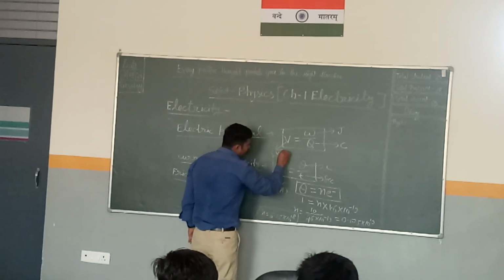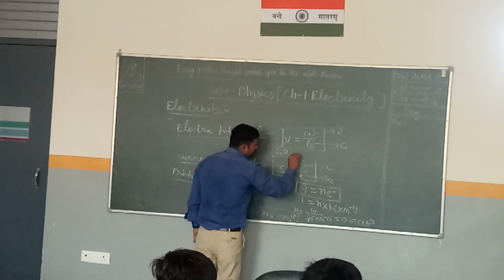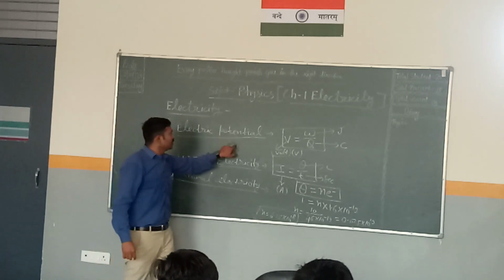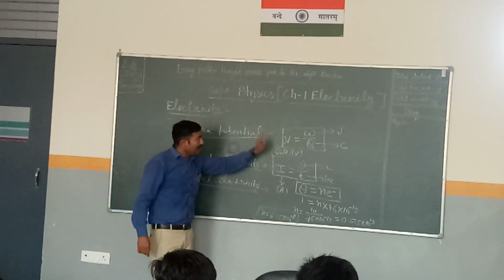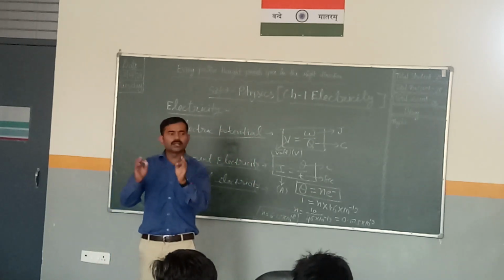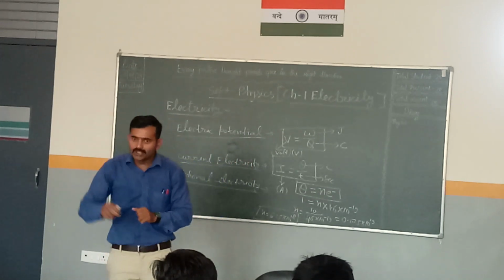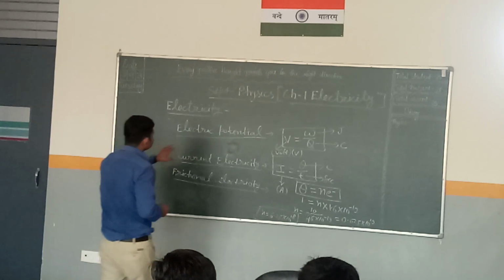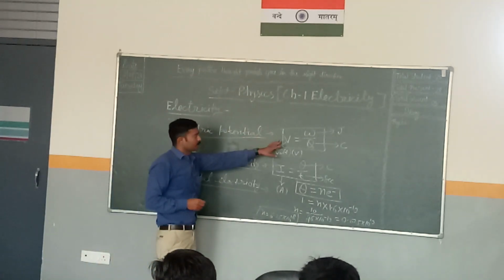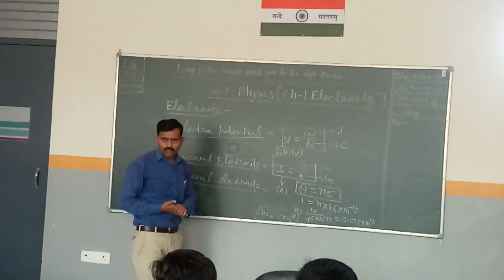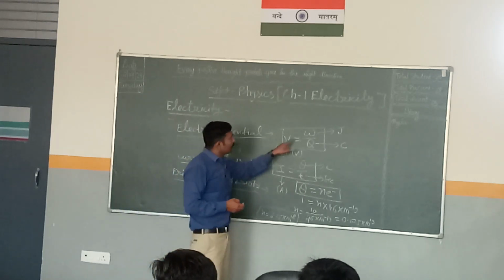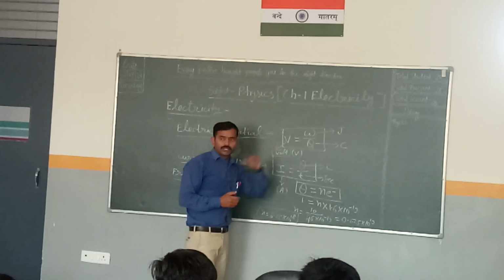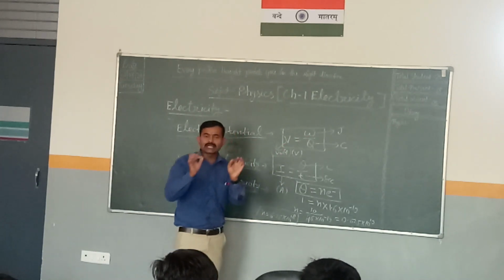Volt only, denoted by V. See here, electric potential is denoted by V and its SI unit is also denoted by V. Now I have the formula of electric potential, V is equal to W upon Q, and you can also write it in the form of energy, V is equal to E upon Q, because work done is energy.